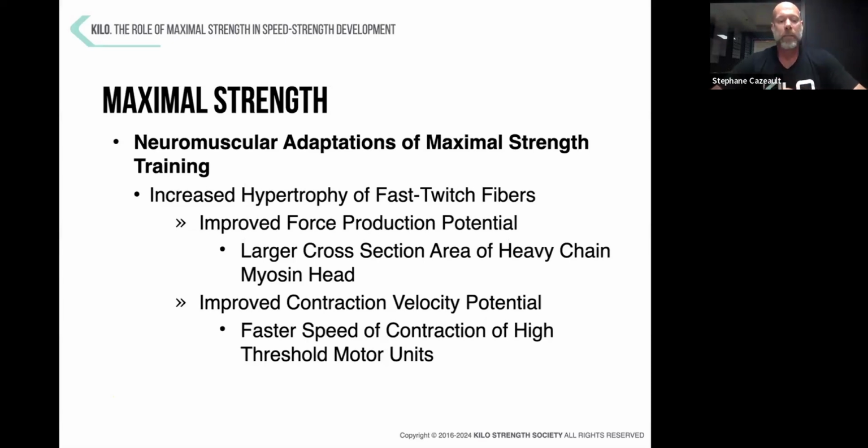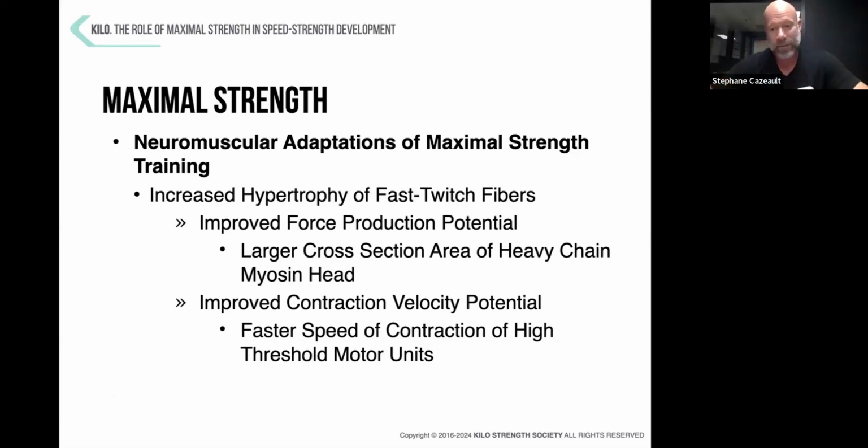So by increasing the hypertrophy of the cross-section area, what's going to happen within the muscle fiber is that the cross-section of the heavy chain myosin head will be bigger. And by having a bigger cross-section area, you should be able to generate more force because of the bigger, fast twitch, heavy chain myosin head binding to the actin.